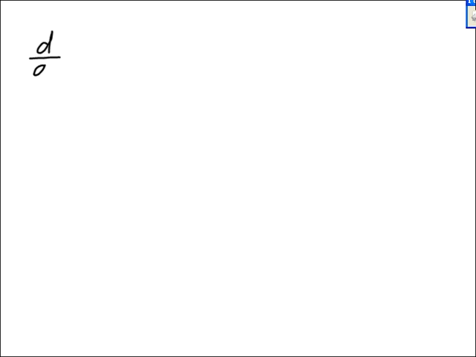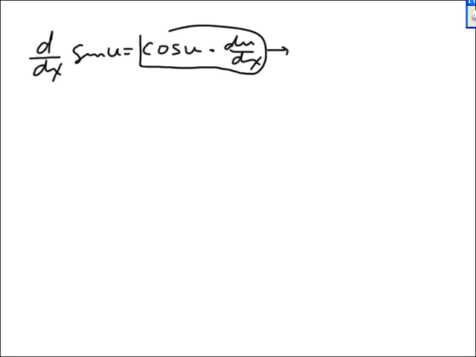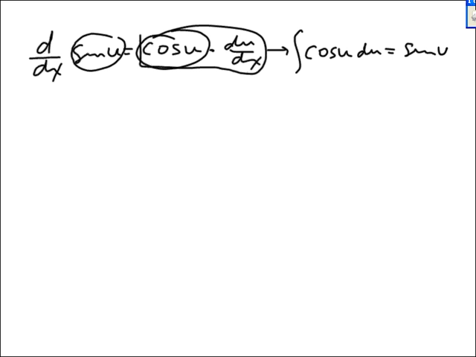If you know that the derivative of sine of u equals cosine of u times u prime, which this time I'll write as du/dx, well then the integral of cosine u du must equal sine of u, of course, plus c.